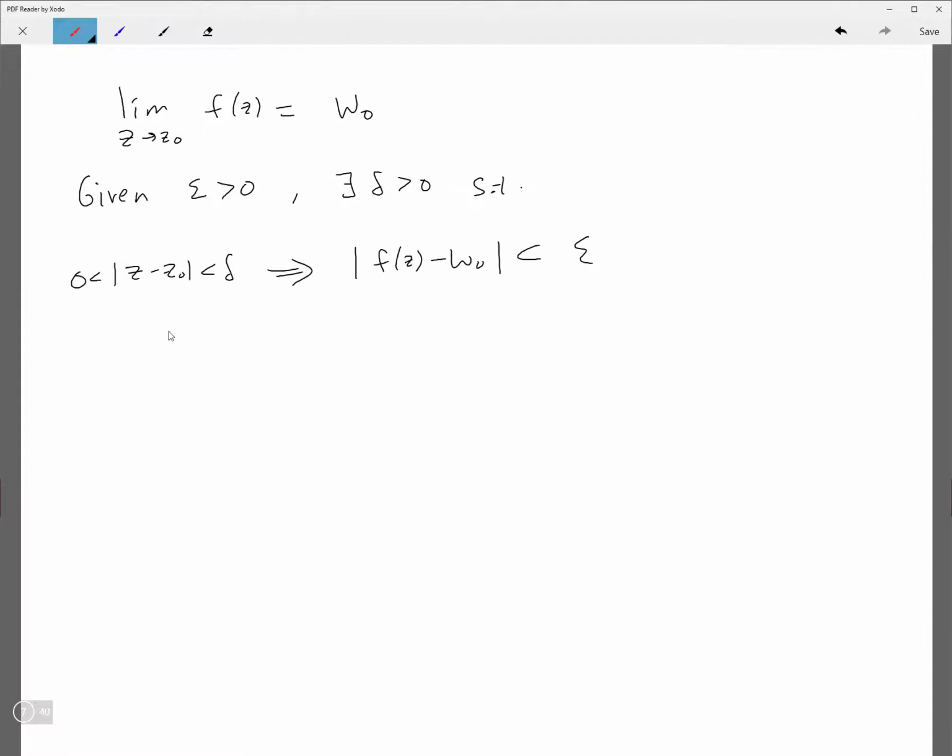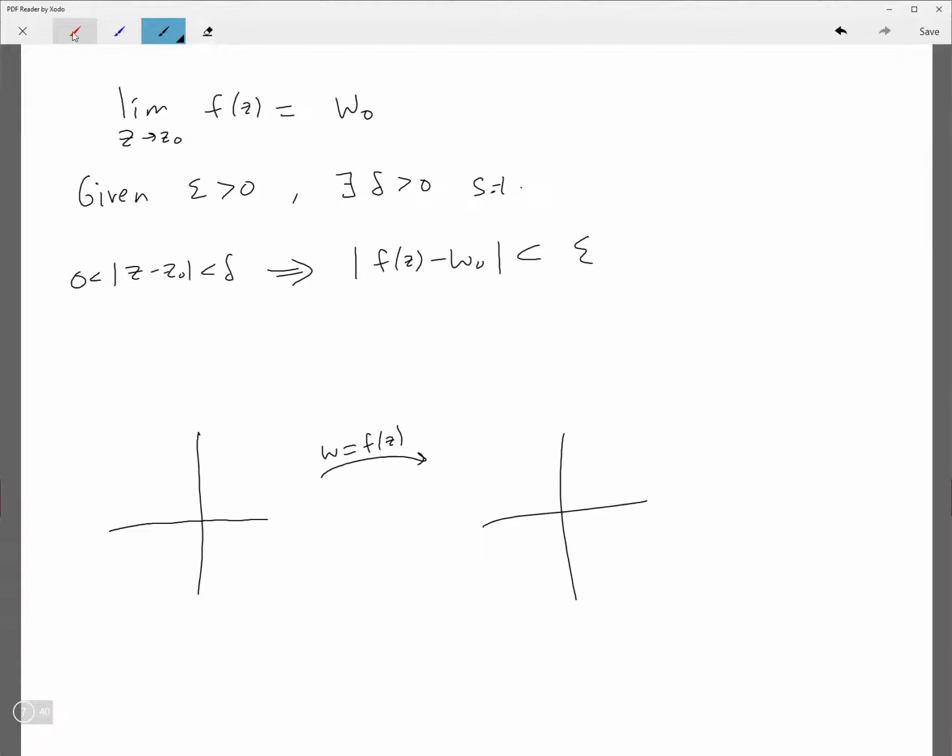Okay, so now what makes this work? Let's look at it from this point of view, where this is the domain, and this is the range.